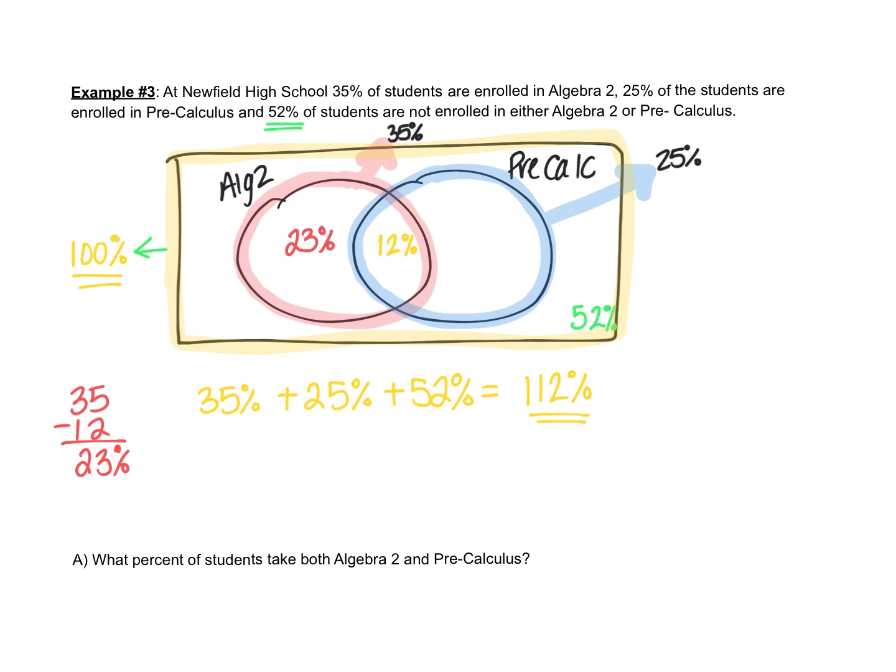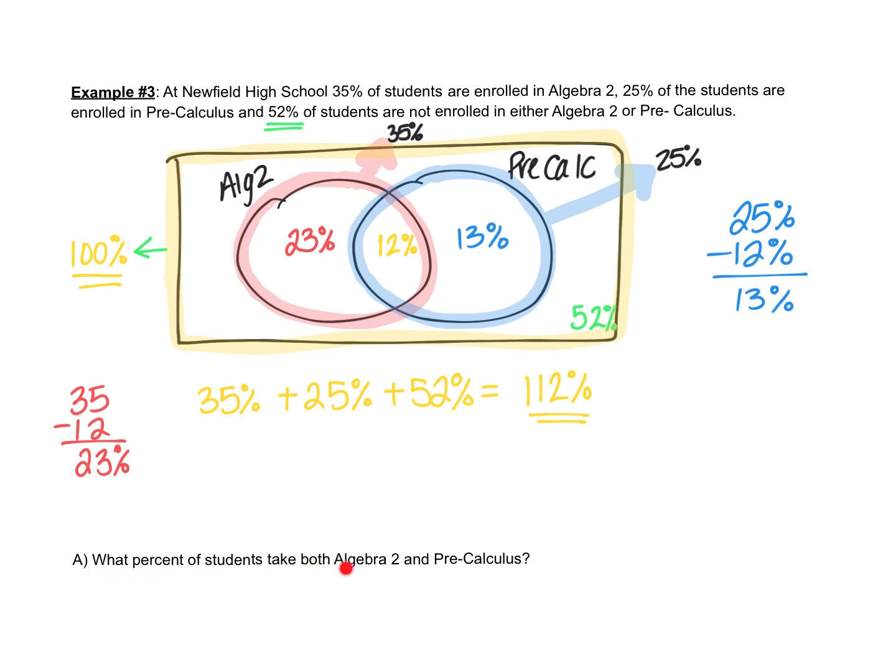Same thing goes for Pre-Calc. This entire circle needs to add up to 25%. I have 12, so 25% minus 12% will give us 13%, and those are the percentage of students that are enrolled in Pre-Calc only. So now that we've got this entire Venn diagram set up, we can answer the questions.